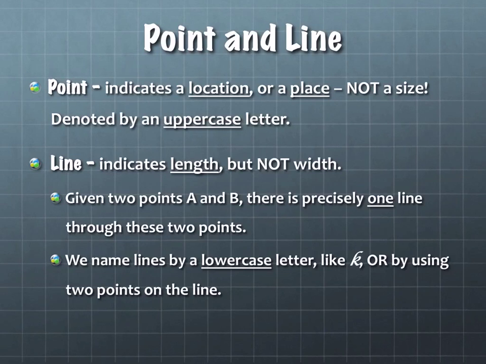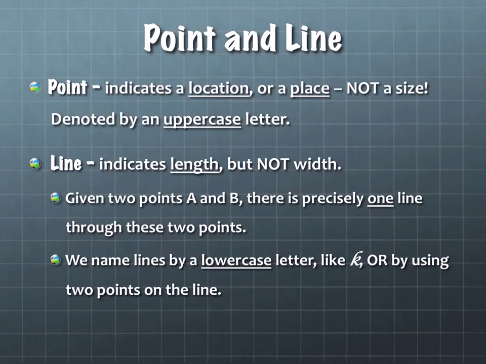And we name the lines by lowercase letters. They're often done in script, like when you see them printed in a book. So you'll see that I used a lowercase k here that looks slanted and italicized. Sometimes you'll see them using 2 points on the plane as well.